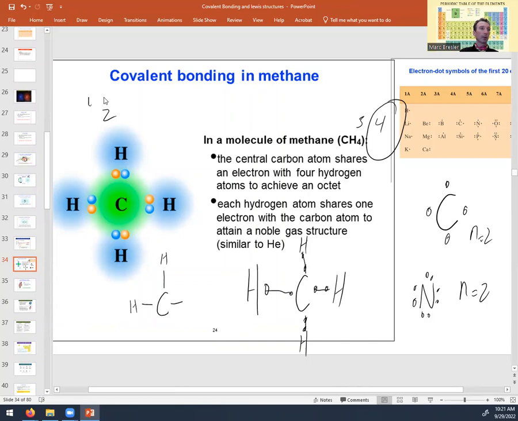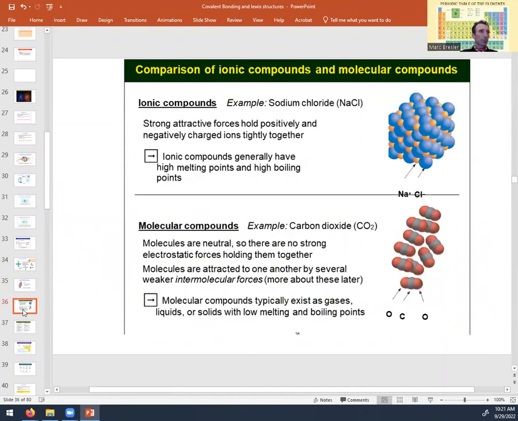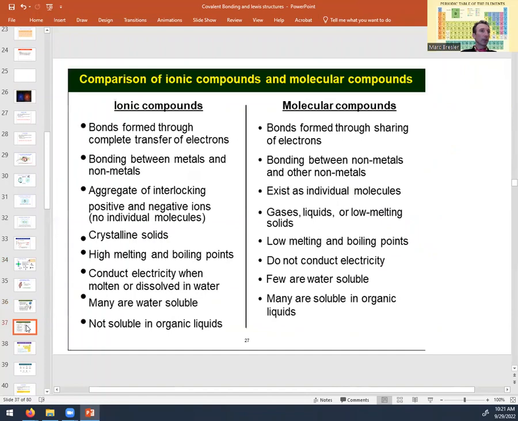Then you can redraw it without the little dots like this. Sodium chloride is an example of ionic bonding.